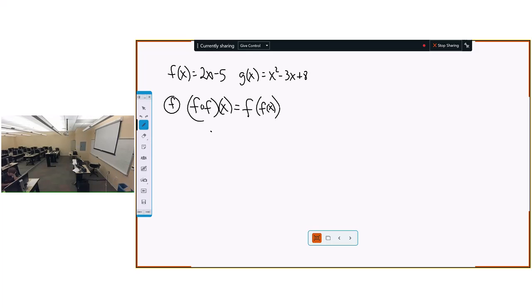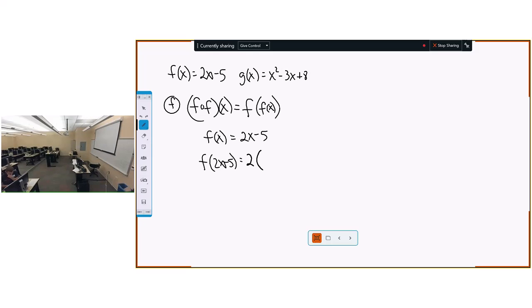Okay? So we know f of x is 2x minus 5. That's the output. So then we do f of 2x minus 5. Well, let's do one step in between here. So f of 2x minus 5, we simply put the 2x minus 5 in as the input.